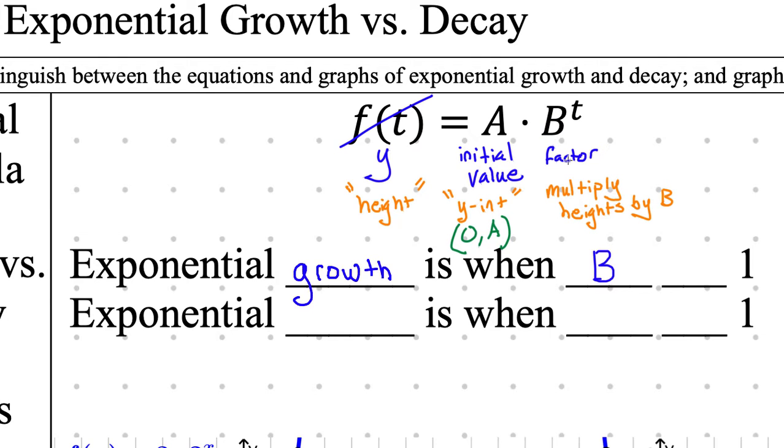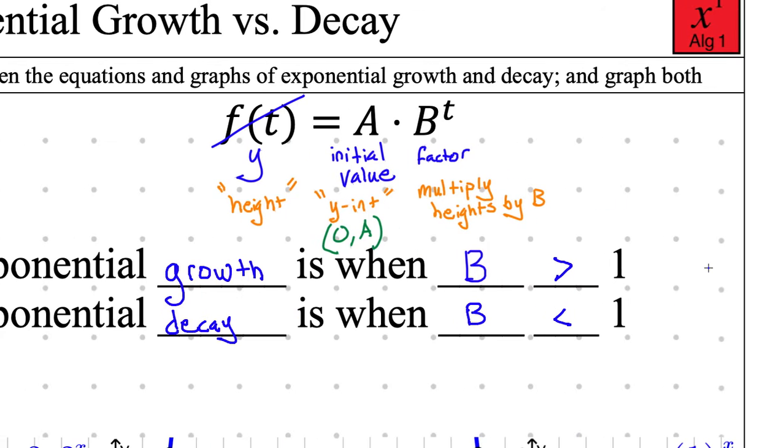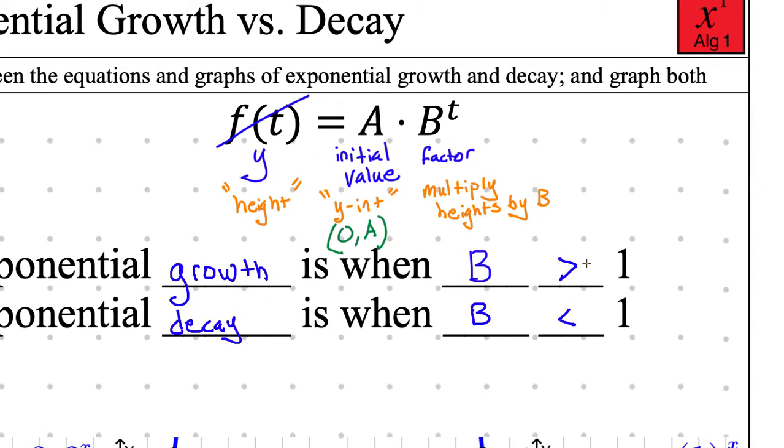Exponential growth is when b is greater than 1, and then vice versa, right? So decay is when that capital B is less than 1. And I'll make the note here also, and this is just me being formal, this is a good definition to memorize, but if you want to be very, very formal about it, I'll have to say that capital B has to be greater than 0 also.